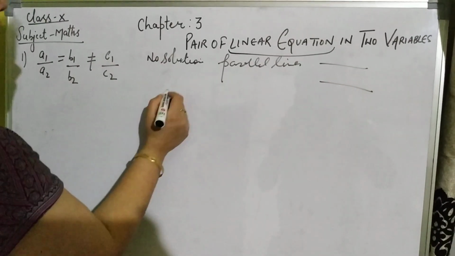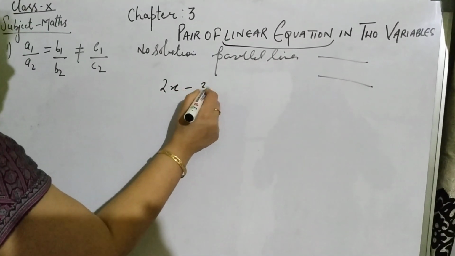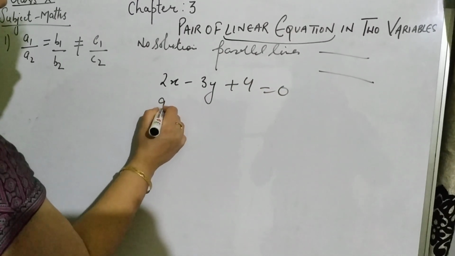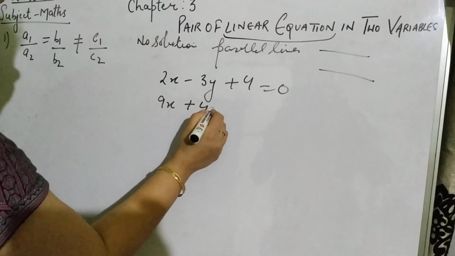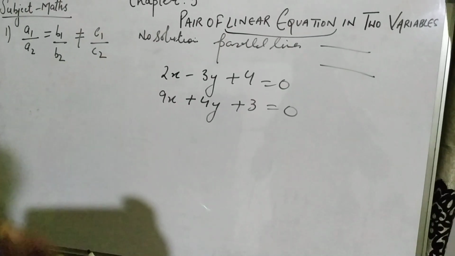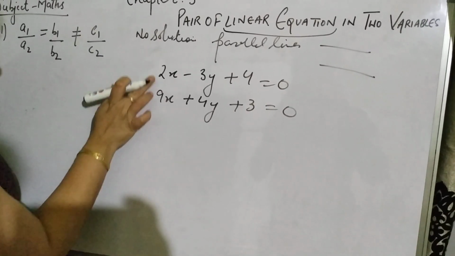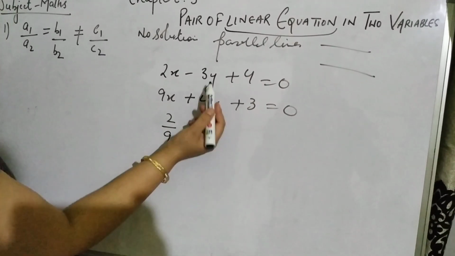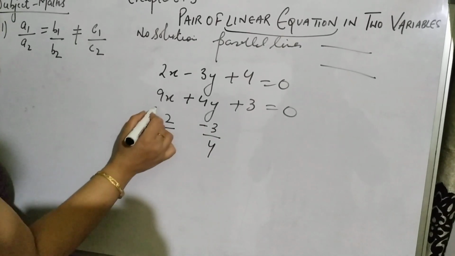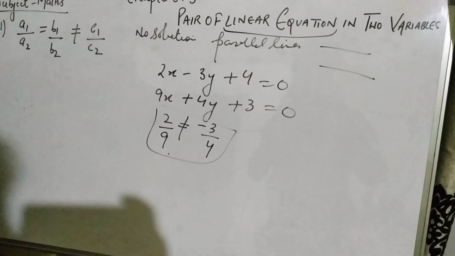Now let us take another example of a pair of linear equations in two variables: 2x minus 3y plus 4 is equal to 0 and 9x plus 4y plus 3 is equal to 0. Again, these are a pair of linear equations in two variables. Now if you check a1 upon a2, that means 2 upon 9, and b1 upon b2 means minus 3 upon 4, right? Here you can say that a1 upon a2 is not equal to b1 upon b2.